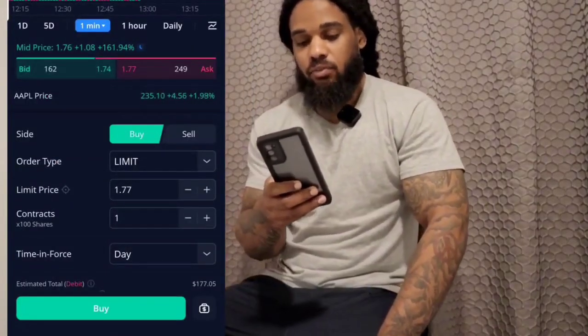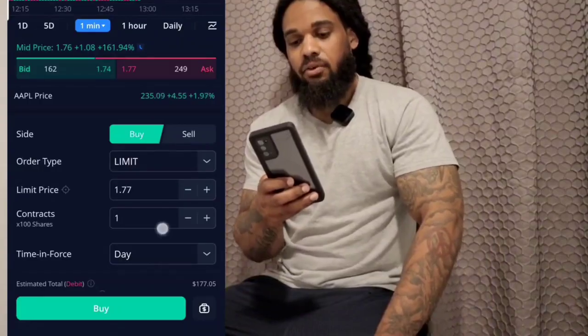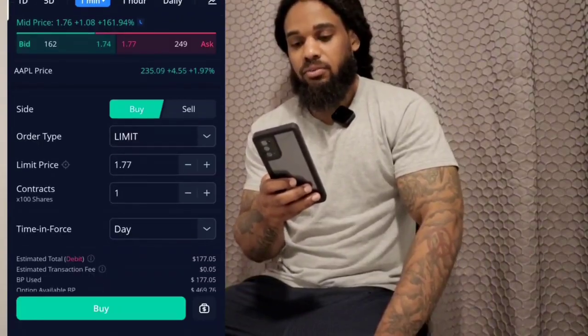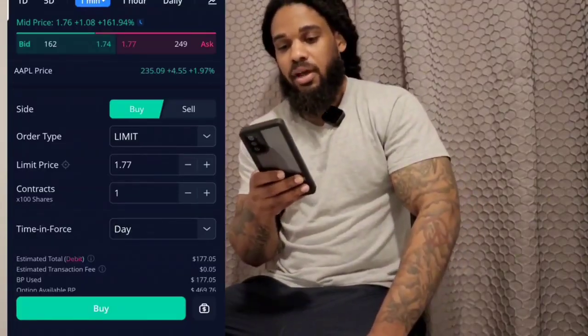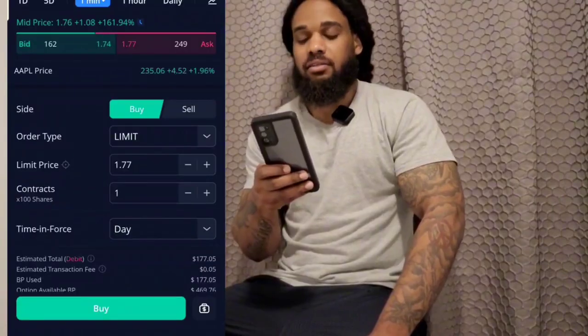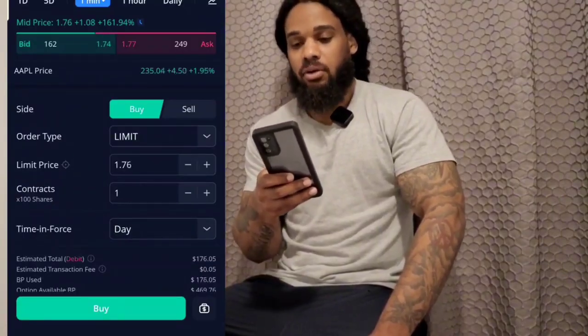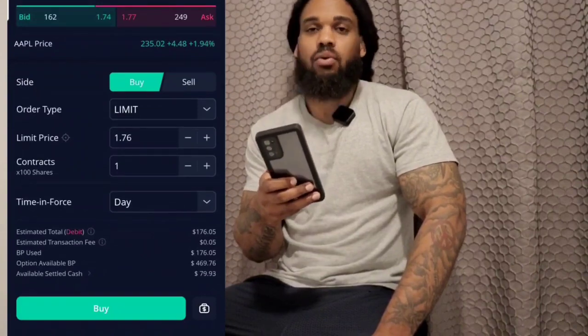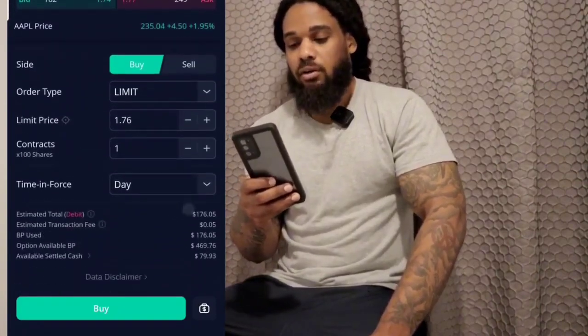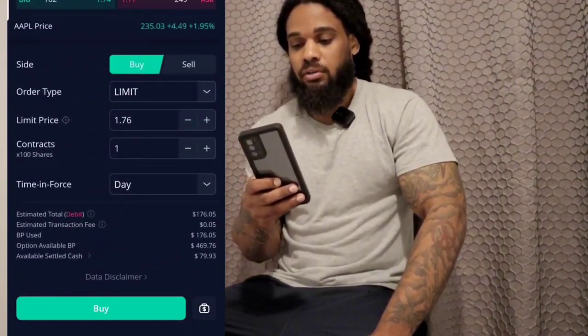It says 176 for the mid price, 174 bid, and 177 for ask. We're going to just put it at the mid price. We could even put it below that and maybe hit that number. And then we could put how many contracts we want to get, 1, 2, 4, you know, or more.